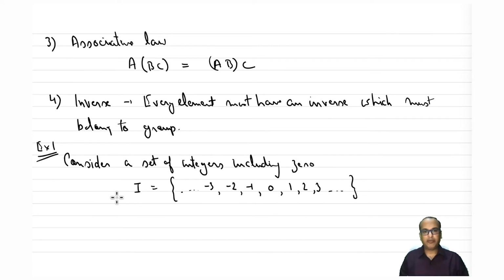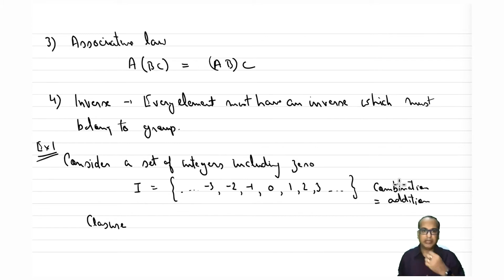Now let's see if all the members of this group follow the four properties or not. Okay, so the closure property. In this case for closure property we will say that combination is equal to addition. We will not be considering product as a combination, we'll consider addition as a combination.